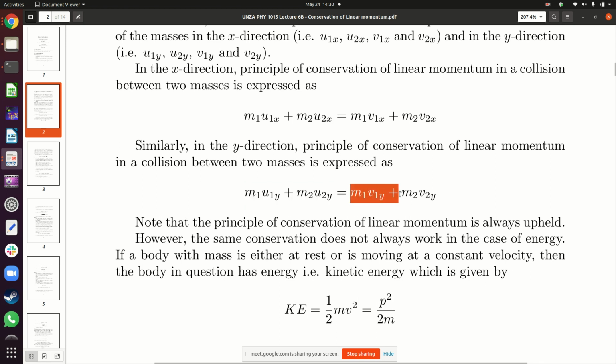This has to be equal to the total linear momentum after collision along the y direction. So you end up having m1 multiplied by v1y plus m2 multiplied by v2y. So these two equations are what we use to impose the fact that conservation of linear momentum always occurs when objects collide. Are we clear?